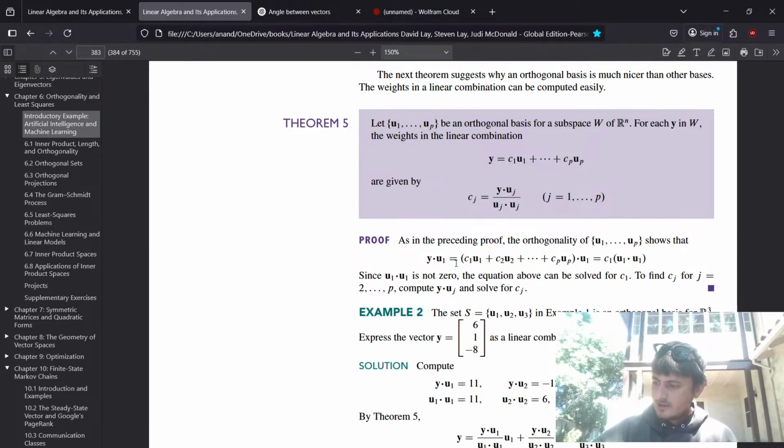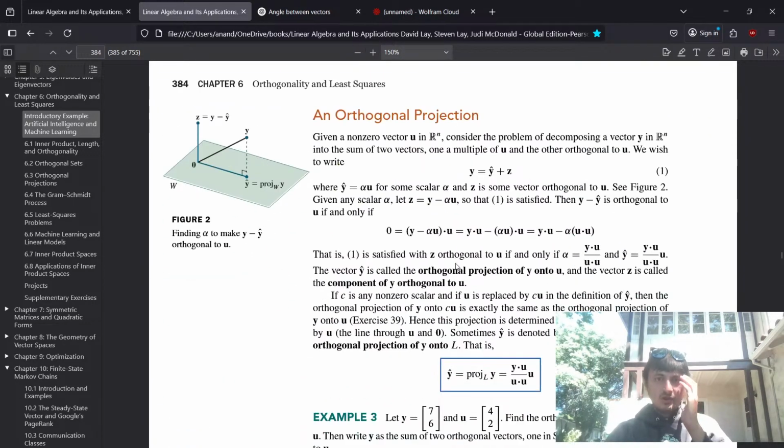So we get y dot uj over uj dot uj is equal to cj. Okay, cool.